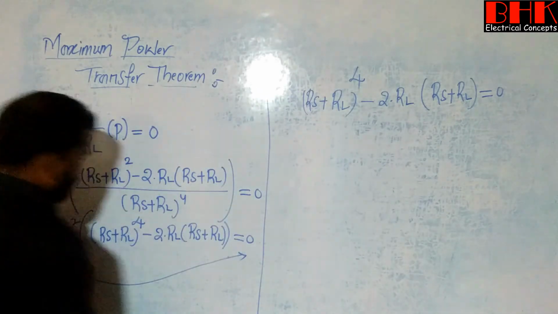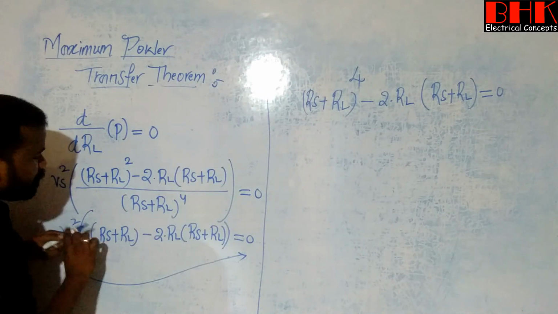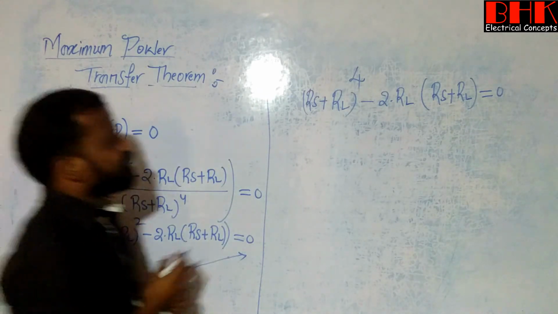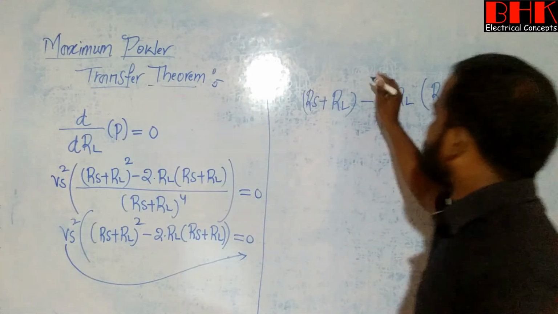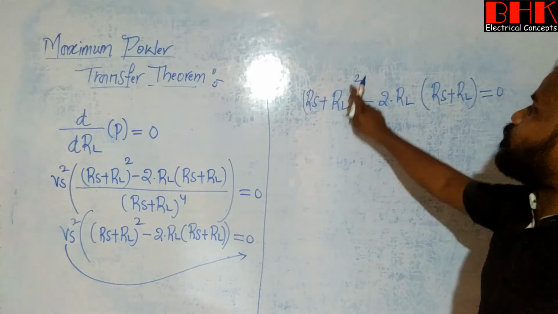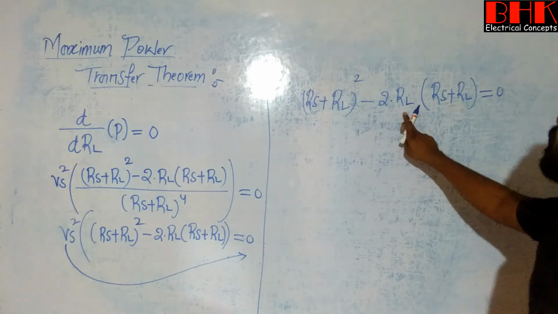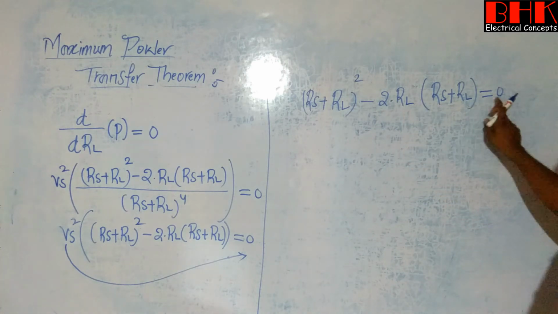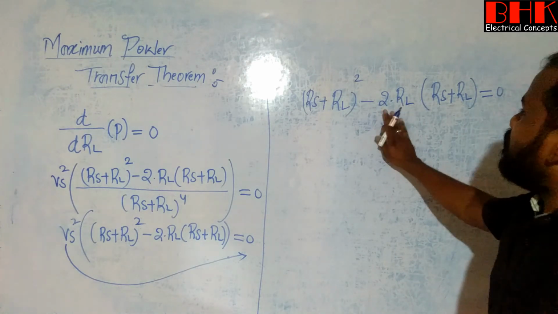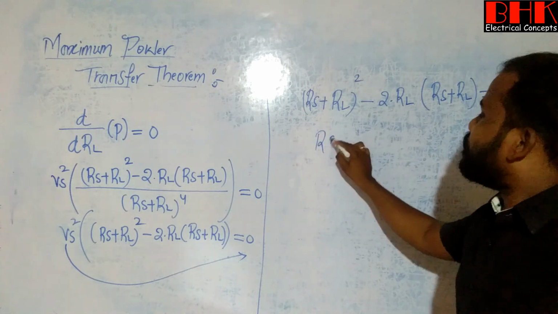Next, Rs plus RL whole power 4, sorry, this is not 4, this is only 2. Please check it here. So Rs plus RL whole power 2 minus 2 RL into Rs plus RL is equal to 0. Now again simplify.